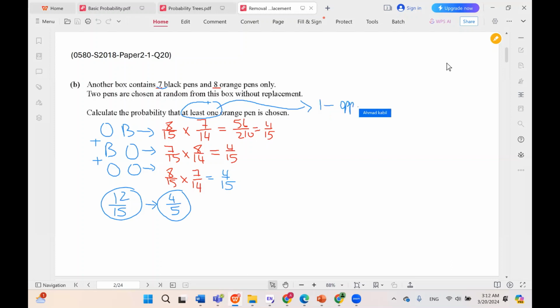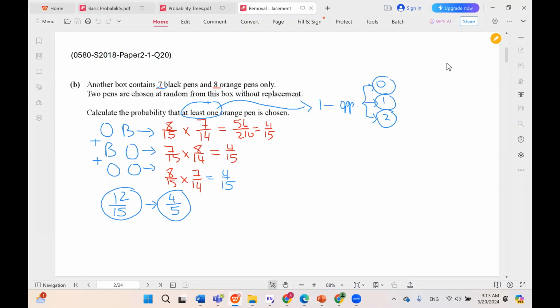So what is the opposite of at least one orange pen is chosen? At least one orange pen means either 1 or 2 orange pens. And you can only have 3 scenarios here. You can either have 0 orange pens, or 1 orange pen, or 2 orange pens, because the experiment consists of drawing 2 pens.